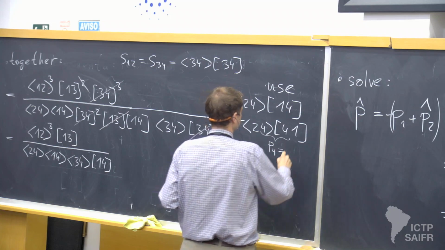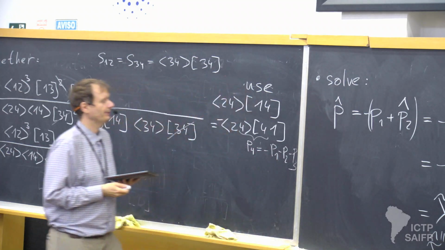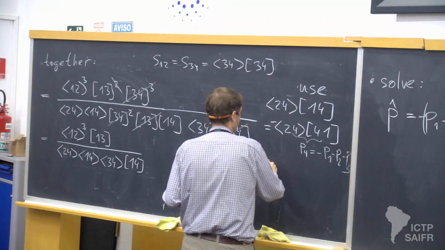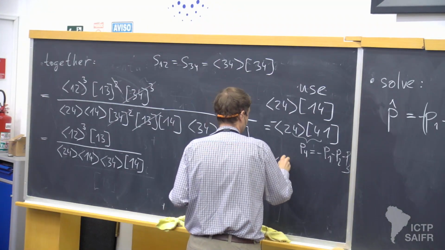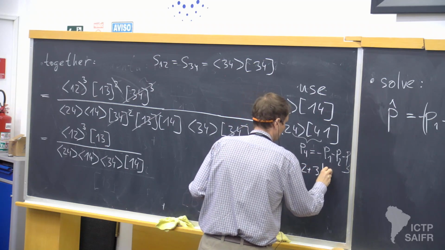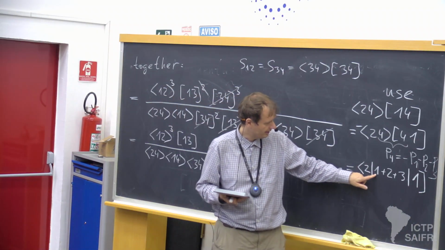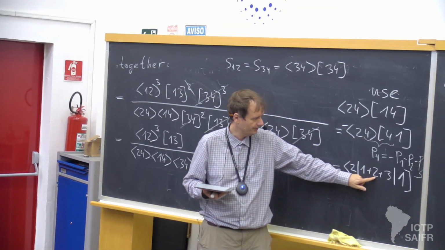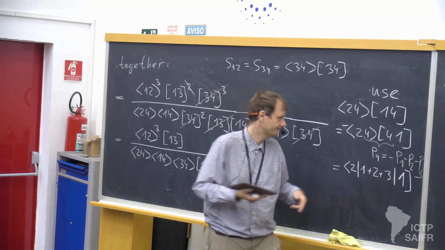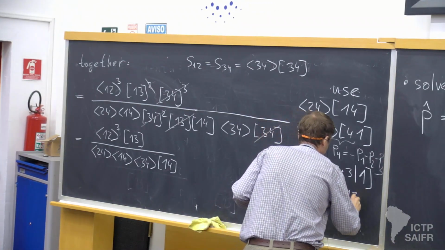And the P4 can be written as minus P1 minus P2 minus P3 using momentum conservation. Now I can write it as this mixed bracket 2, 1 plus 2 plus 3 and dot it with lambda 1 tilde on the other side. However, dotting 1 with lambda 1 tilde is 0, dotting 2 with lambda 2 is 0, so the only thing that survives is 3. So this will be equal to ⟨23⟩[13].